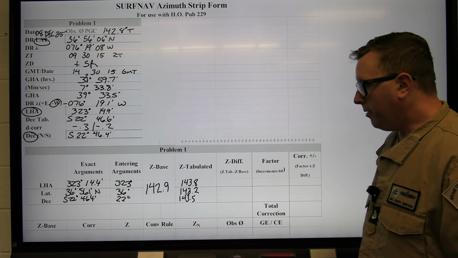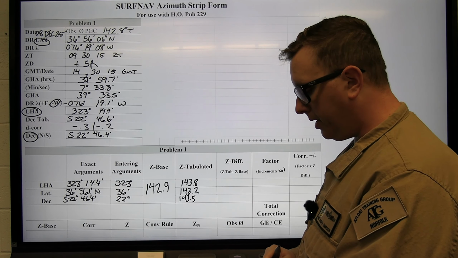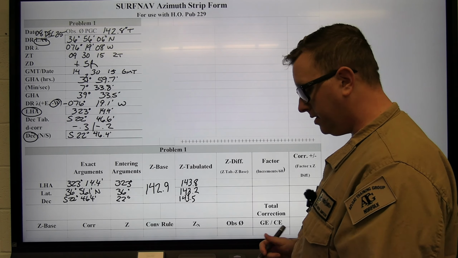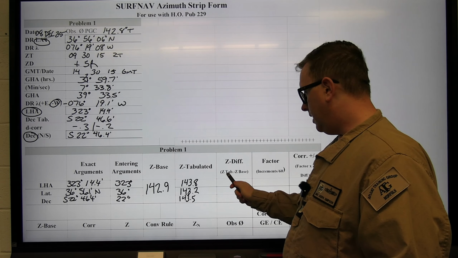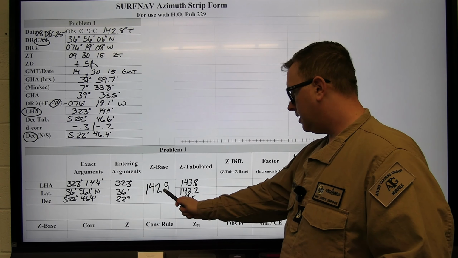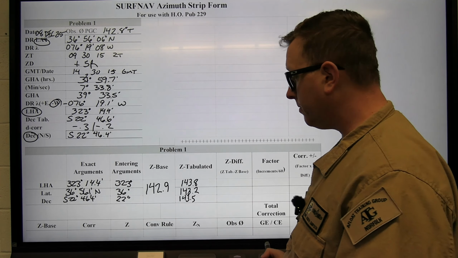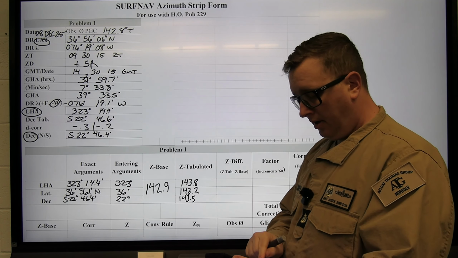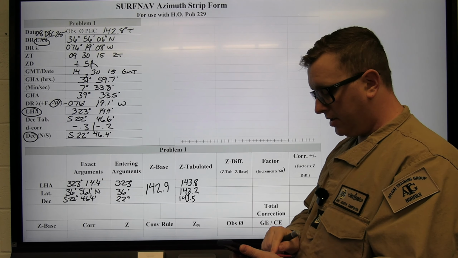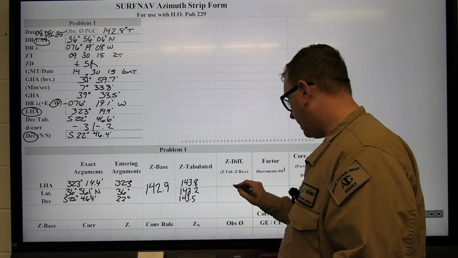Now that we have Z tabulated and Z base, we're going to pull out our calculator, and you're just going to find the differences. And it tells you exactly what to put in the calculator. Z tabulated minus Z base. Now it comes out negative, still put it as a negative, it's fine. So 143.8 minus 142.9, you get 0.9.